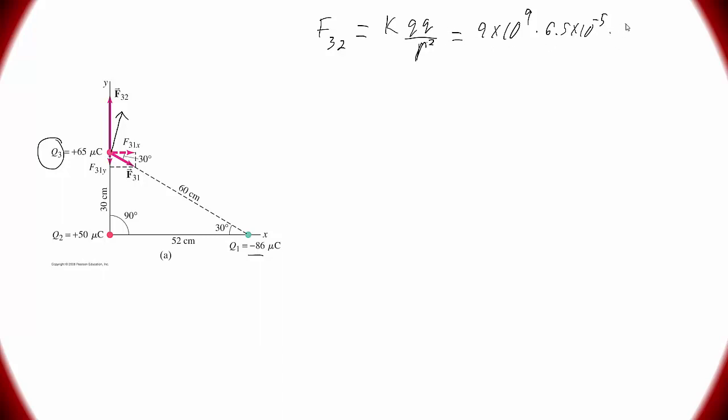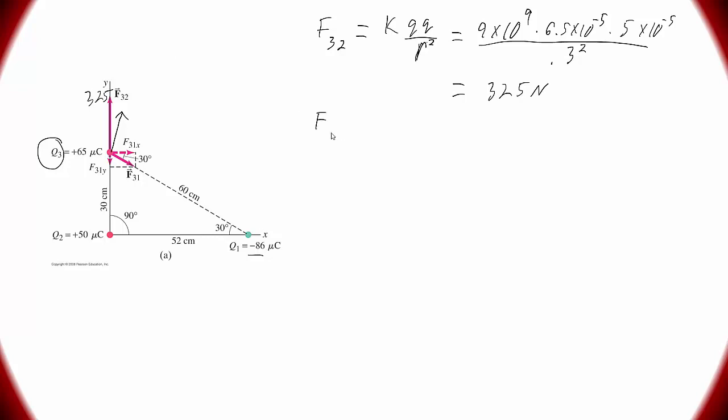Then we've got 5 times 10 to the negative 5th for this, and our separation distance is 30 centimeters, so that's 0.3 meters. And make sure to square that. So this works out to be 325 newtons, and that is this right here, 325.